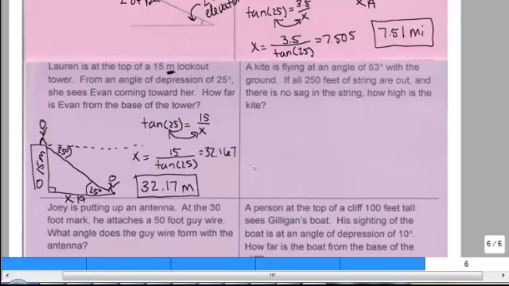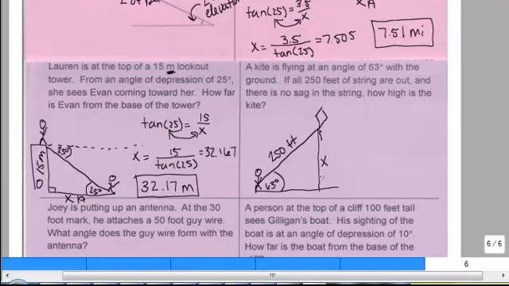A kite. So they're flying a kite. The kite is flying at an angle of 63 degrees with the ground. So here's the ground, 63 degrees. If all 250 feet of string is out, so 250 feet, and there is no sag in the string, how high is the kite?